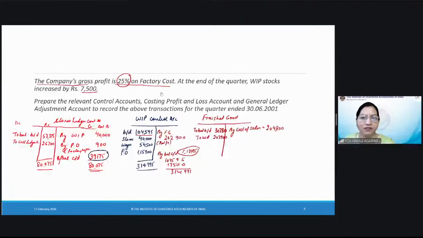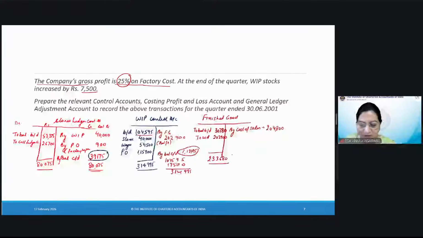So we have to pass the journal entry and post them accordingly to respective ledgers, right? What is 1,12,095? Okay, 2 lakh. Perfect. Okay. Now look at the finished goods ledger. You already had 30,780. Plus you got another 2,02,900 from WIP. So the total finished goods stock was 2,33,680.